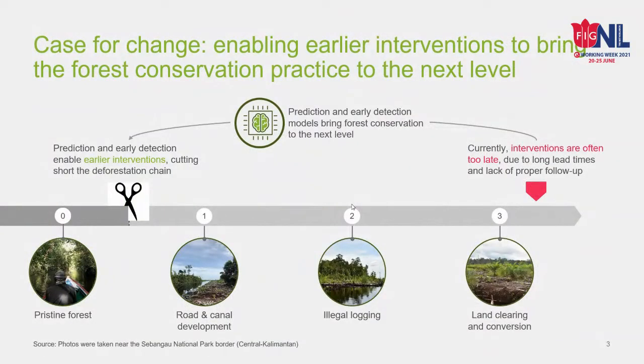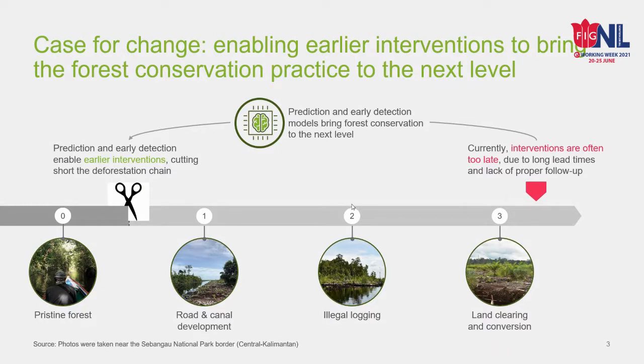Now we come to this slide. This is an example of Borneo, a chain of deforestation. We start on the left side with 0, the pristine forest, but there we see quite often that it starts with 1, road and channel development, which is opening up the forest and making it more accessible, and also increasing illegal logging.